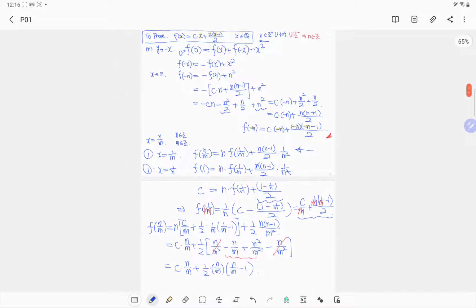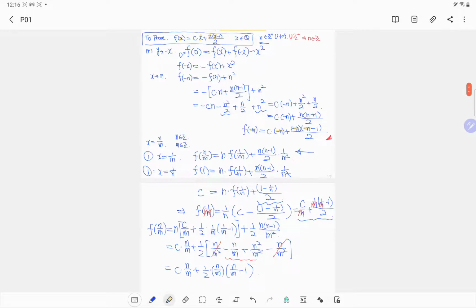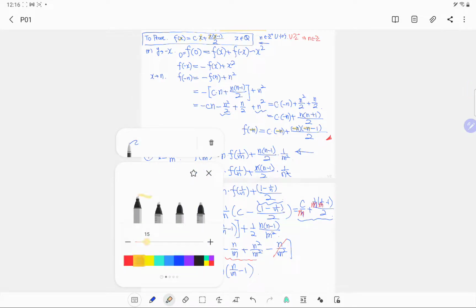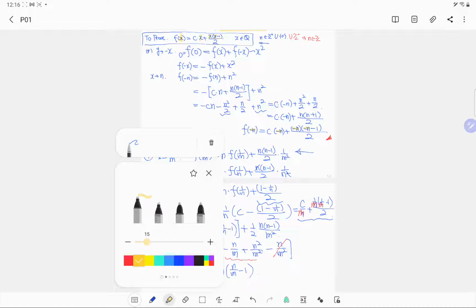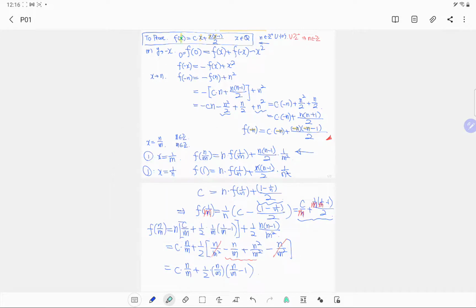So let's compare this with what we want to prove: f of x, we have f of n over m, and then c times x, c times n over m, plus 1/2 times x times (x minus 1), we have n over m minus 1.